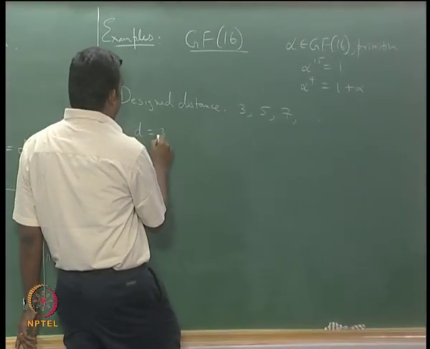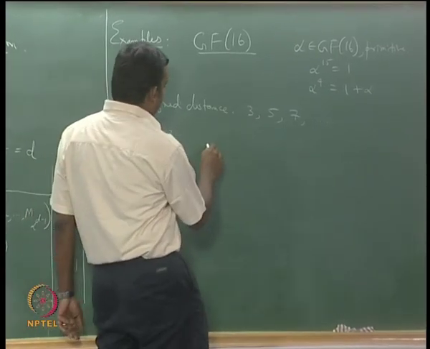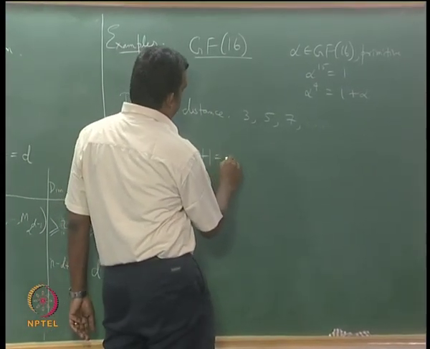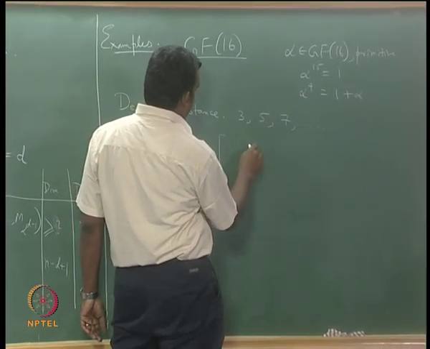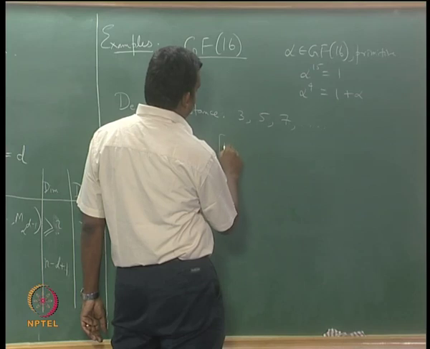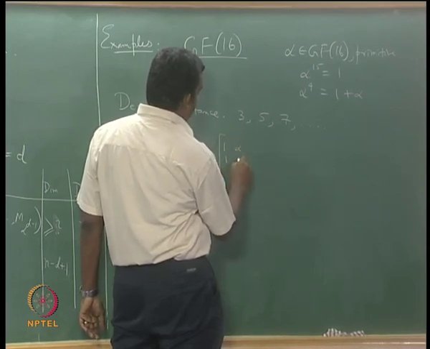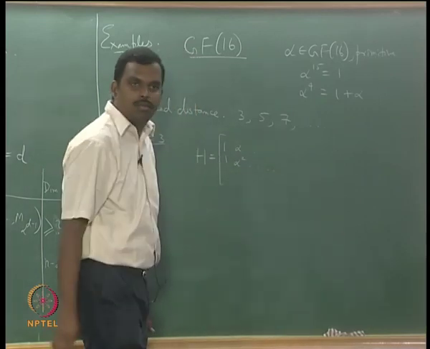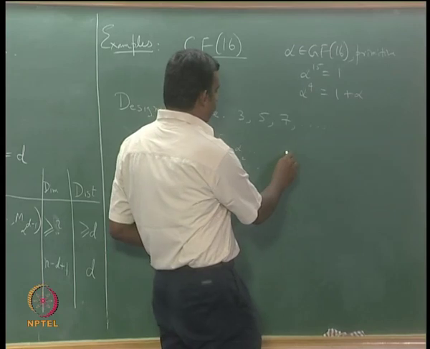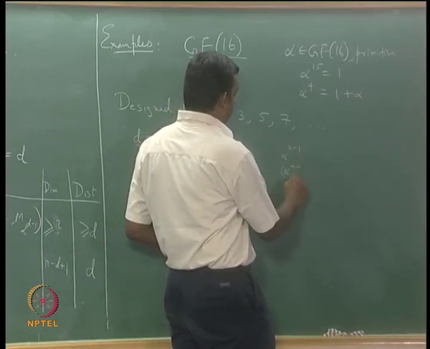So let's say d equals 3. My parity check matrix is going to look like what? You will have powers of alpha, and so on, then alpha squared, and that is it, right. The last one is going to be alpha power n minus 1.